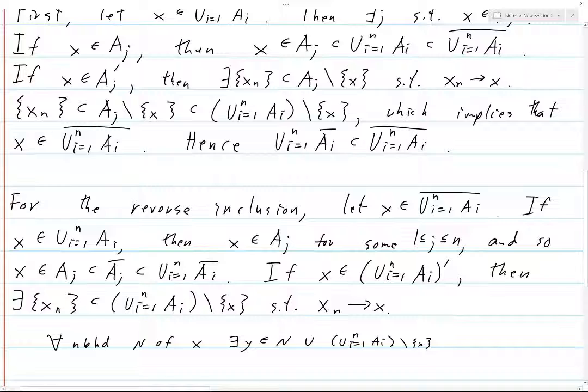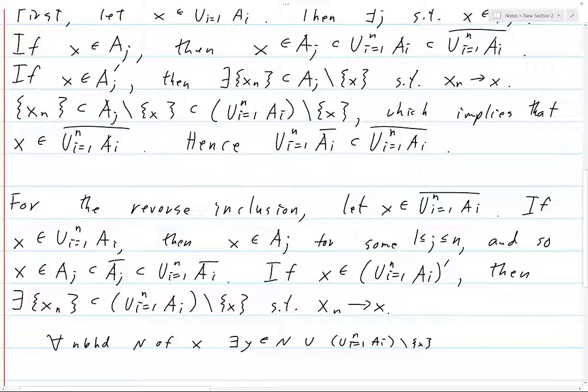So if you wanted to talk in terms of neighborhoods, this is what you would want to write out. This is definitely something you want to be comfortable working with, but if you're comfortable working without introducing this neighborhood N, then what I've written up here saves a lot of notation. I also like to talk in terms of sequences which converge. It's just a personal preference.